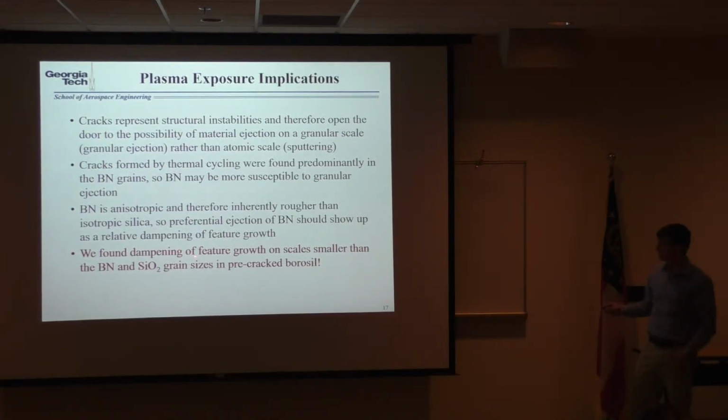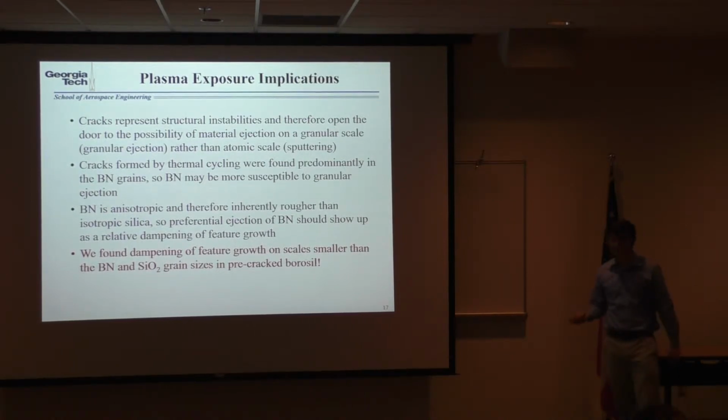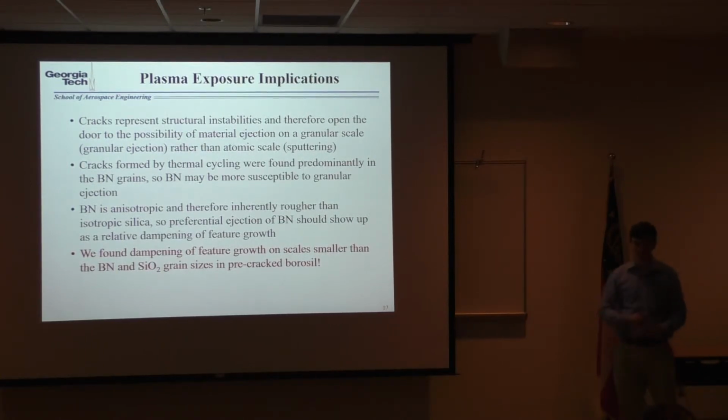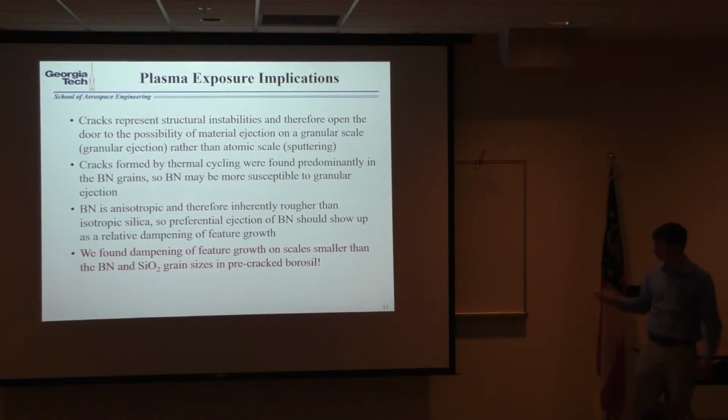In the cracked sample, we found this dampening of small-scale feature growth on scales smaller than the boron nitride and silica grain sizes. So maybe these microcracks exist in all Hall thrusters, potentially leading to this granular ejection, and that could be causing the boron nitride to be removed from the thruster wall faster than the silica.